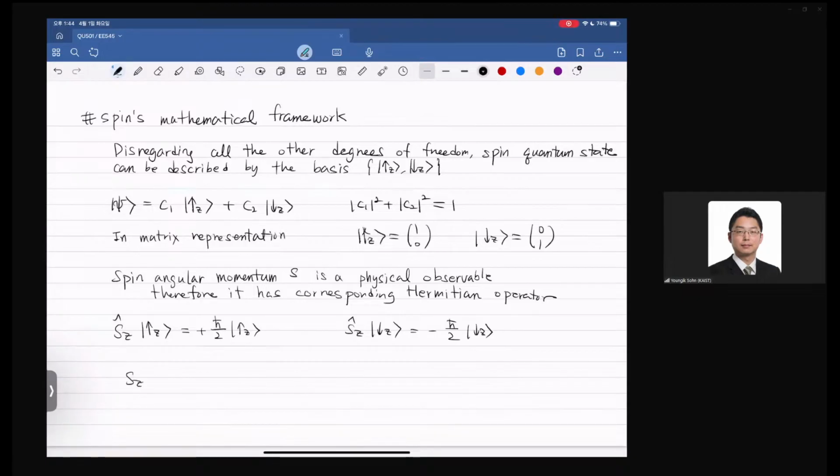So Sz is going to be a 2 by 2 matrix. Let's find what it is.